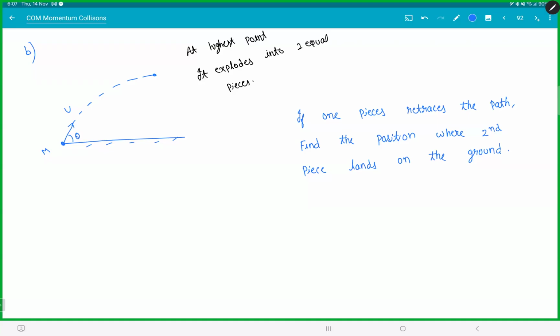Meaning from the point of projection, na? You can give the answer in terms of R, where R is u square sine 2 theta by g.